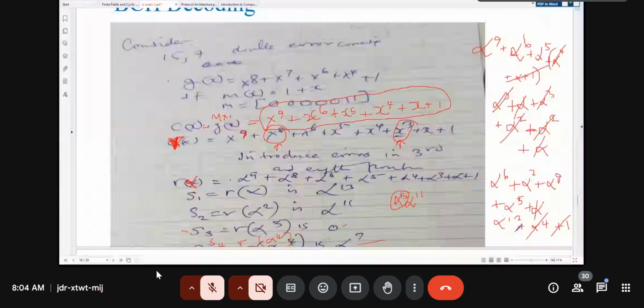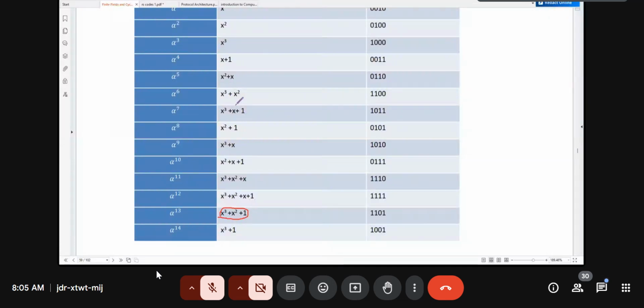Let's look for that. Now, what you have to do is go to this, so we have alpha to the 6 plus alpha to the 2 plus alpha to the 9 plus alpha to the 5 plus alpha to the 12. I'm going to this table and I'm finding alpha to the 6 is alpha to the 3 plus alpha to the 2, plus alpha to the 2.